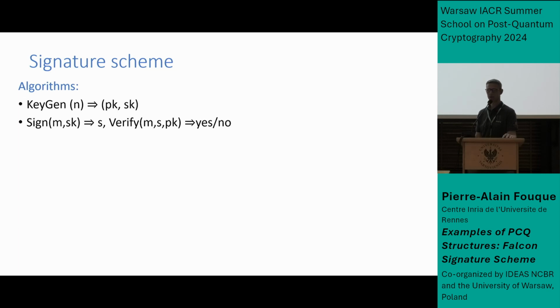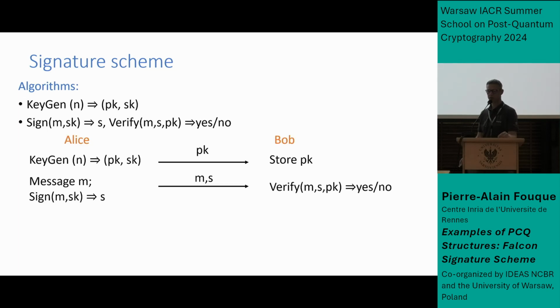Basically, the signature ensures that the person who receives it is sure that the message comes from you. So this is an authentication of the sender, and also that the message has not been changed during the communication. You have just two people, Alice and Bob.